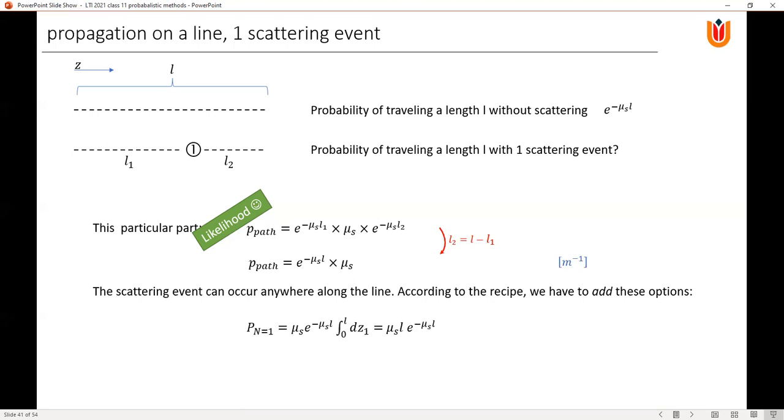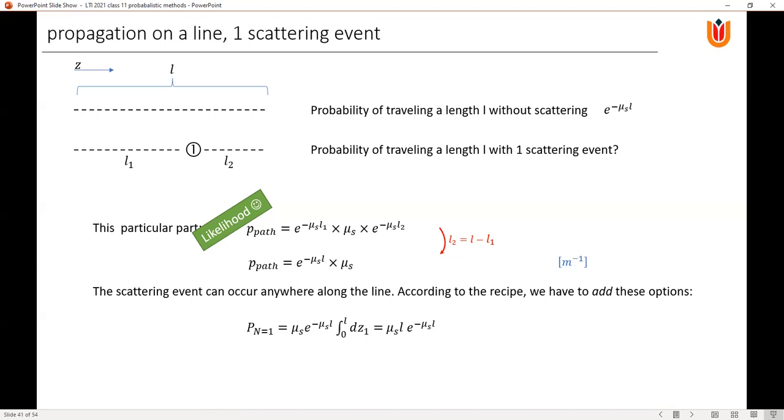So if we want the probability of transmission with one scattering event, we have to add all these possible options. We have to add all these possible positions. So according to the recipe, we have to add all the options where this point 1 is located here or there or there. Of course, if you make that continuous, it becomes an integration. So we can write it like this.